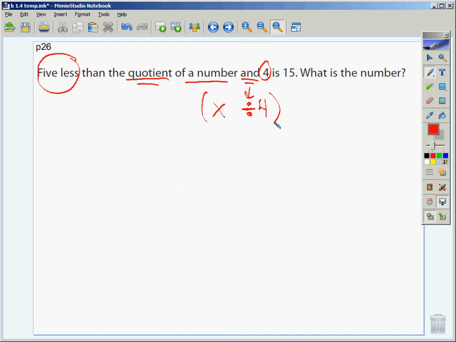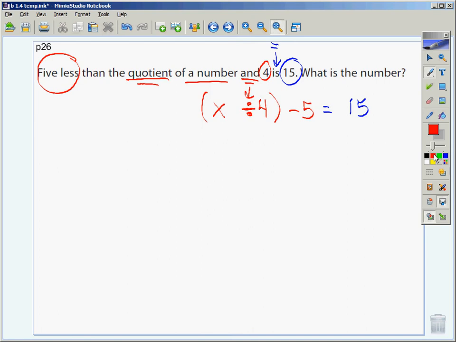It said 5 less, so I'm subtracting 5 from that. Mathematically, the word is means equal to. And what is it equal to? 15. There's my equation.